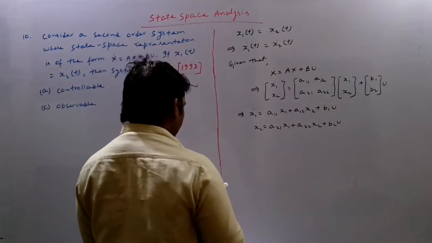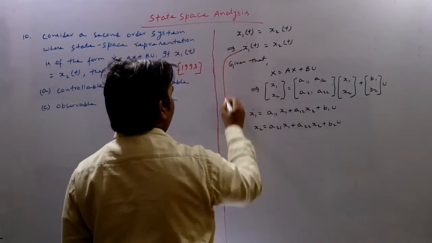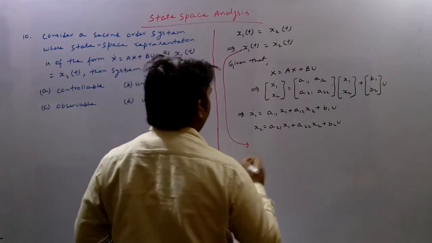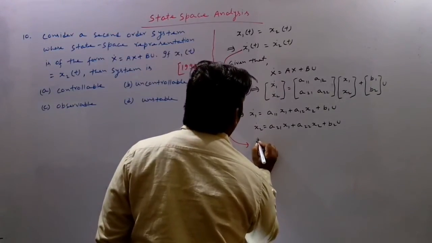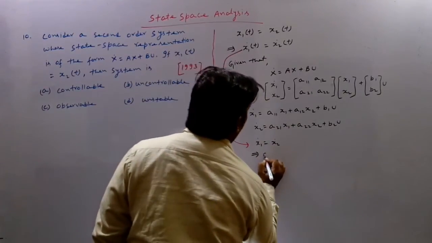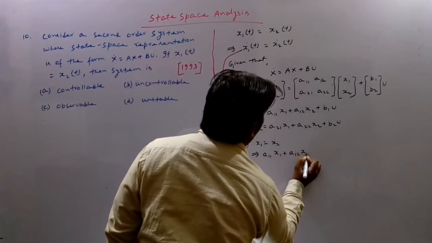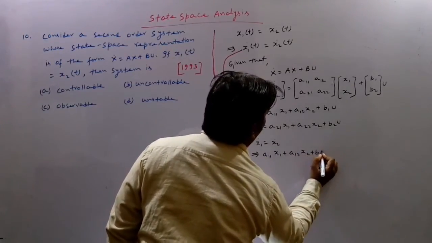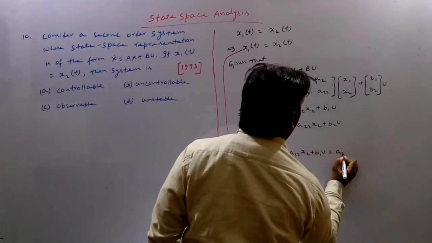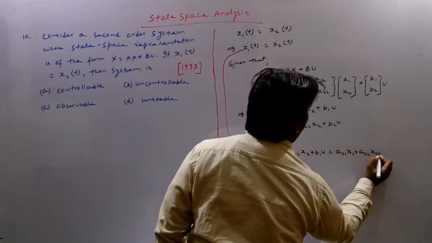So now we can write, since x1 dot is equal to x2 dot, a11 x1 plus a12 x2 plus b1 u is equal to a21 x1 plus a22 x2 plus b2 u.